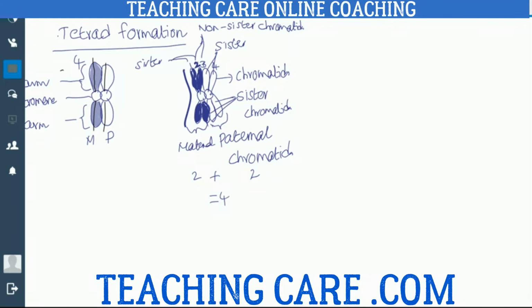Sir, first and second are sister chromatids, and third and fourth are sister chromatids. Suppose you take 2 and 3, or 1 and 3, or 2 and 4.